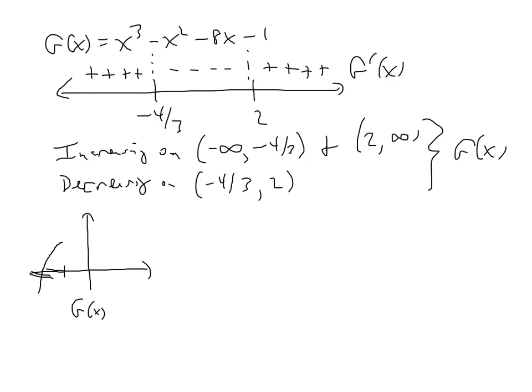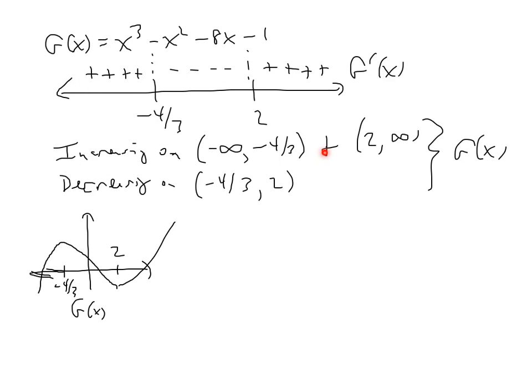Then the graph ought to be going down between -4/3 and 2, and then starting at 2 it starts to go up again. So if this is 2 and this is -4/3 for x, then my graph is going to have roughly that shape.